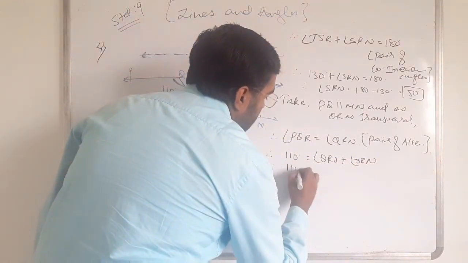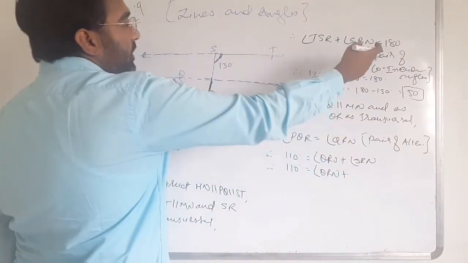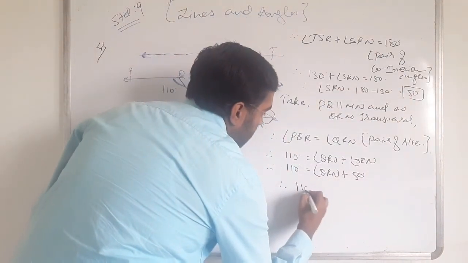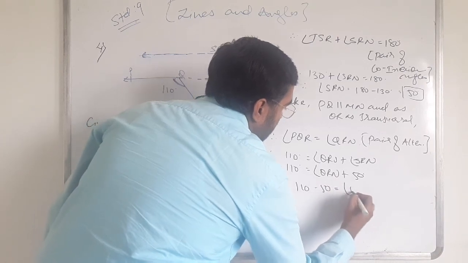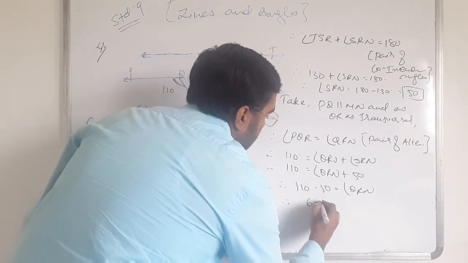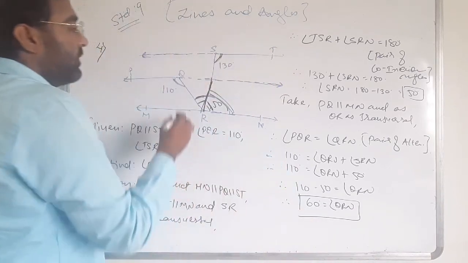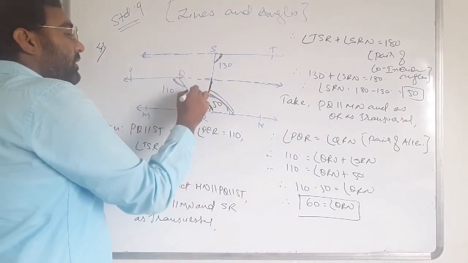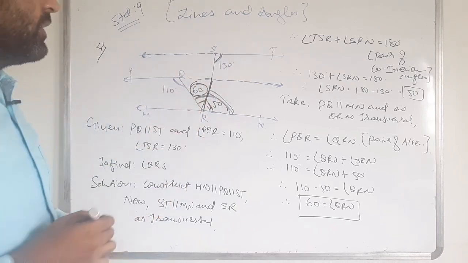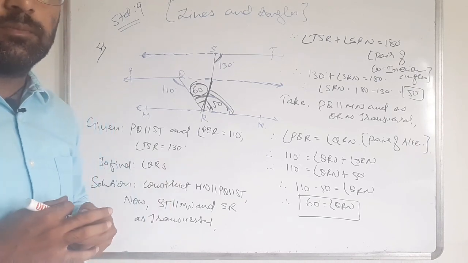So therefore 110 equals QRS plus SRN, and SRN is 50 degrees. Therefore 110 minus 50 degrees is equal to QRS. 110 minus 50, that is 60 degrees. So my angle QRS, this middle angle, is equal to 60 degrees. Okay, clear?